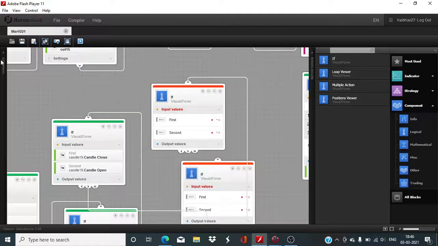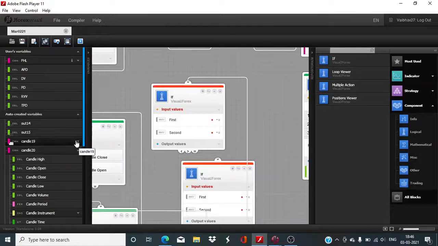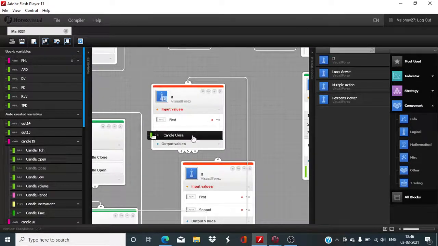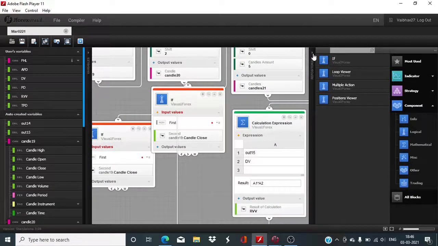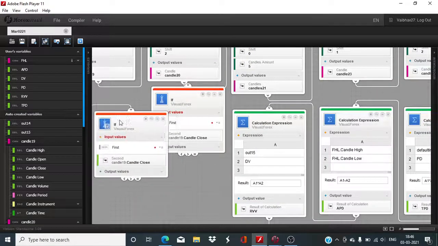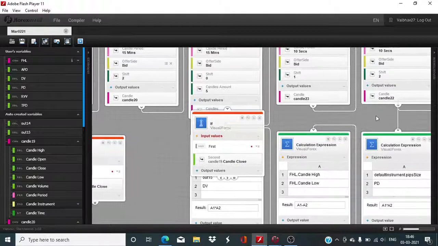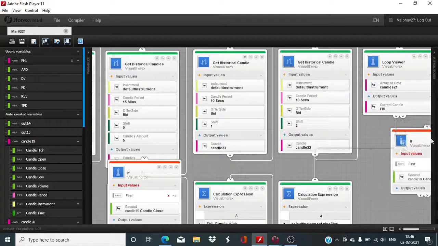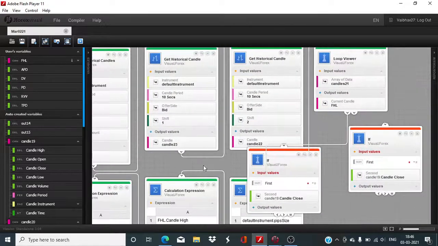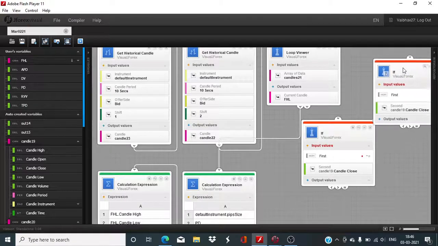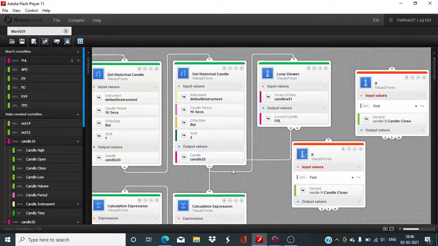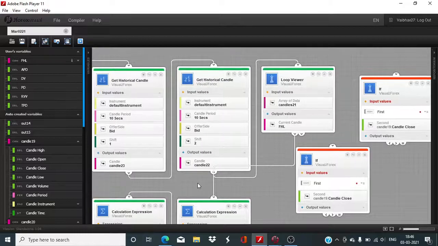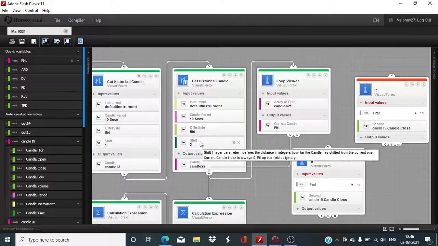So let us take candle 19's closing value and compare it with candle 23 and candle 22. Candle 22 has a look back period of 2.